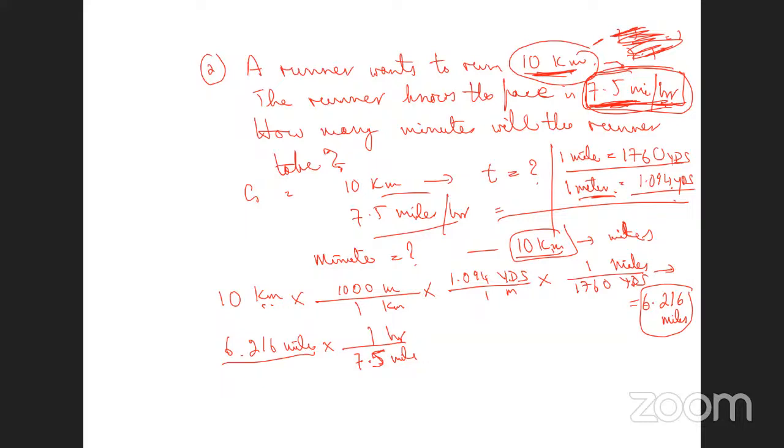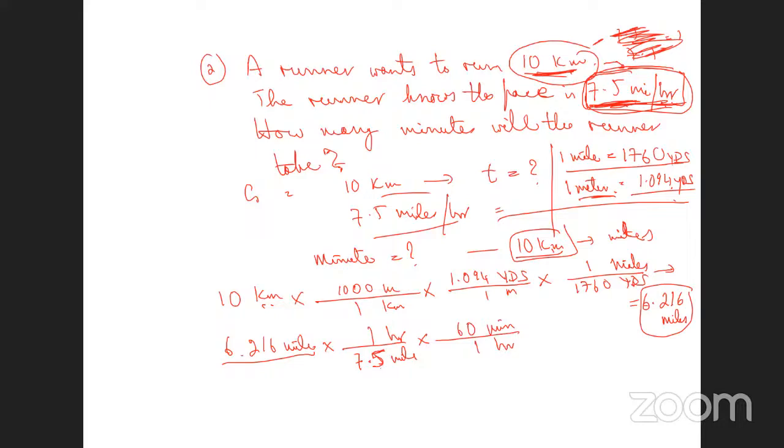The moment I divide 6.216 by 7.5, I know the pace, but I had to convert it to minutes. So this 1 hour, I had to cancel it. So I put 1 hour here, and on the top I put minutes. So 1 hour, 60 minutes.